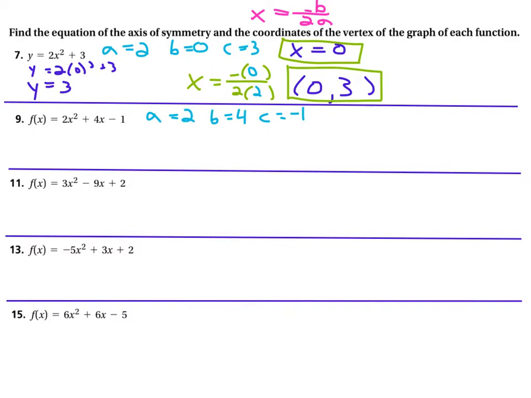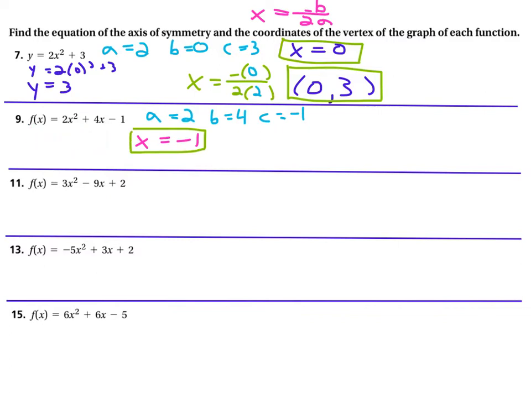If we do negative b over 2a, the axis of symmetry equation would be negative whatever the b value is, which is 4, over 2 times whatever the a value is, and the a value is 2. So we've got negative 4 over 4, or x equals negative 1. That is the equation for the axis of symmetry.